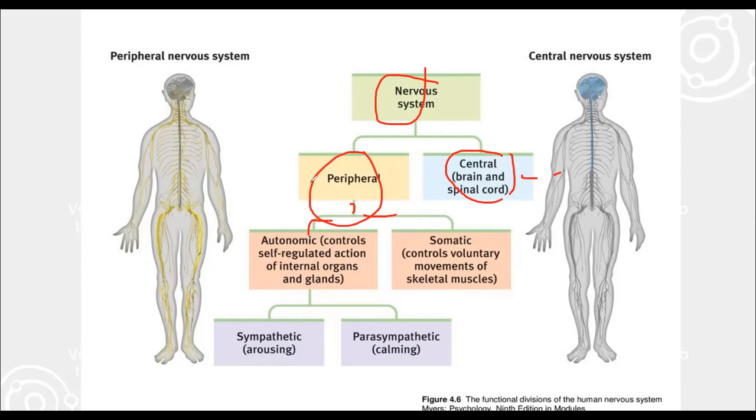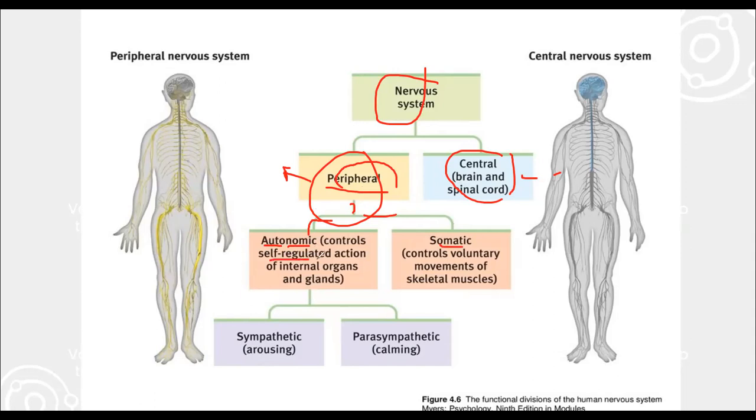We saw the other details of the peripheral nervous system, that is the cranial nerves and the spinal nerves that act as a communication medium between the brain, spinal cord, and different parts of the body. Now, if we divide the peripheral nervous system, you have two different categories, that is autonomic and somatic.